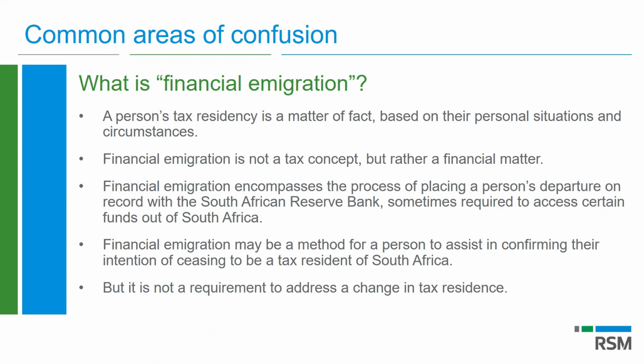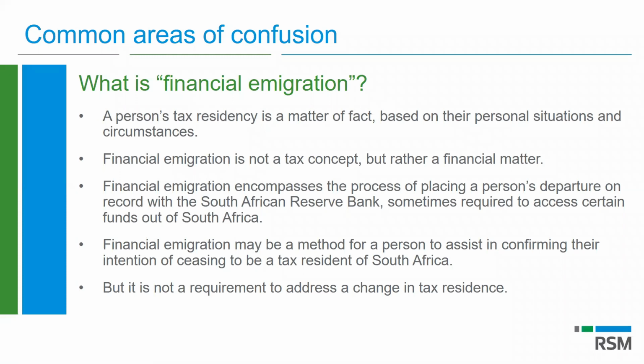This is rather a financial or a banking terminology. Now, financial emigration encompasses the process of making a formal application via an authorized dealer, such as a bank, to place on record with the South African Reserve Bank the fact that a person has now left the country, and it changes their status from a banking perspective.